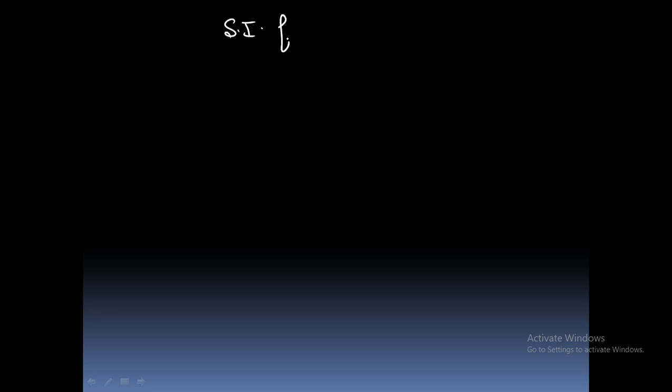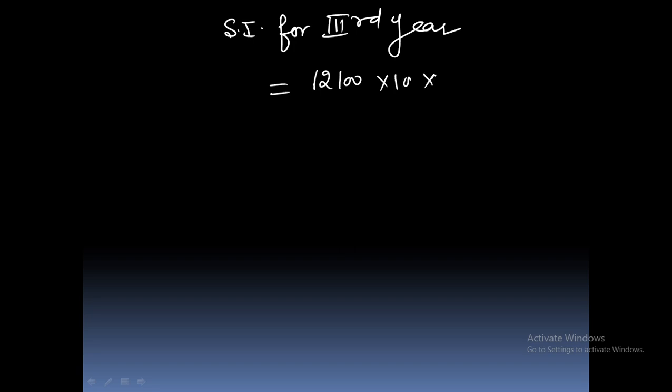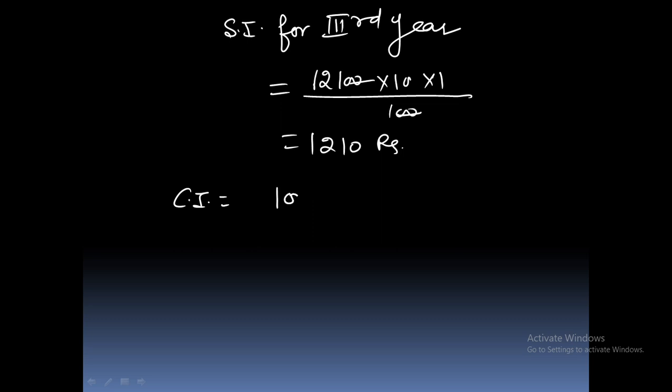Simple interest for third year is 12,100 multiply by 10 multiply 1 over 100, 1,210 rupees. Now compound interest, add all years' interest.